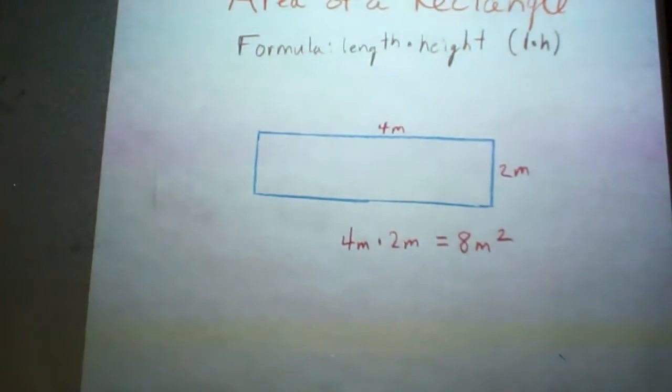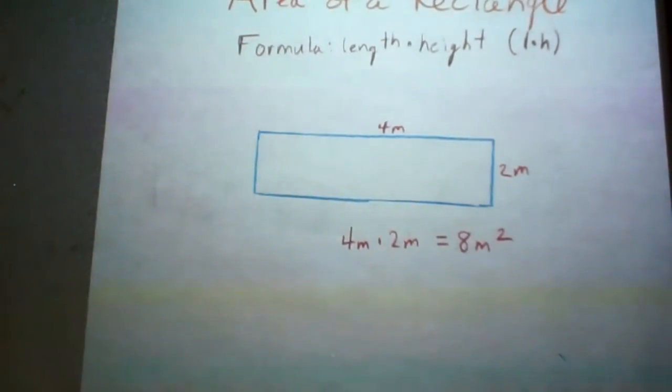And so we'll start off with the area of a rectangle, and the formula for area of a rectangle is length times height. You could also see it as base times height or length times width. So in this case, we have a rectangle with a side length of 4 and a side length of 2.